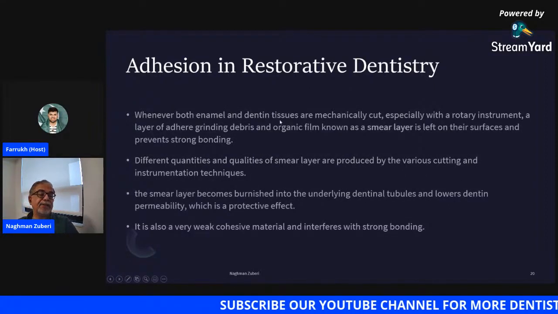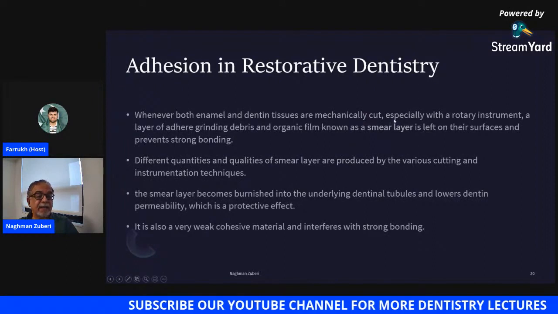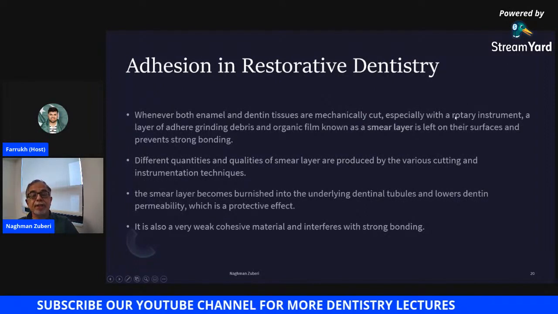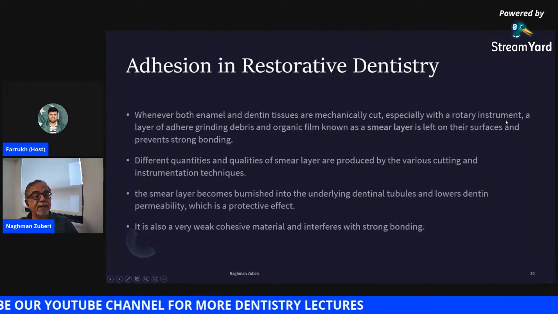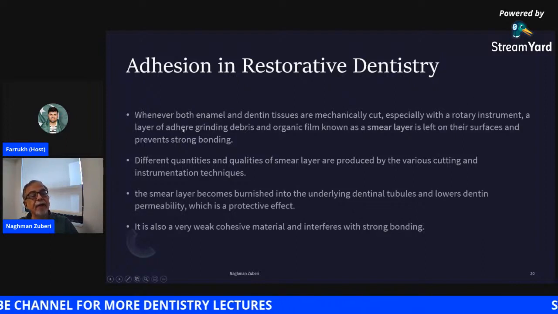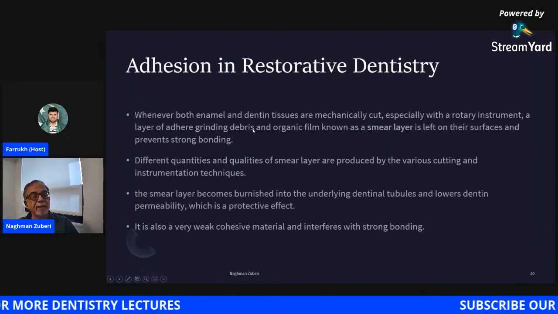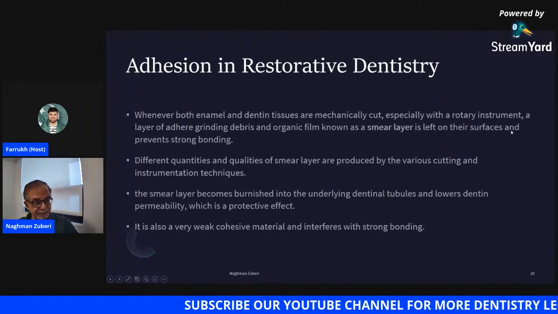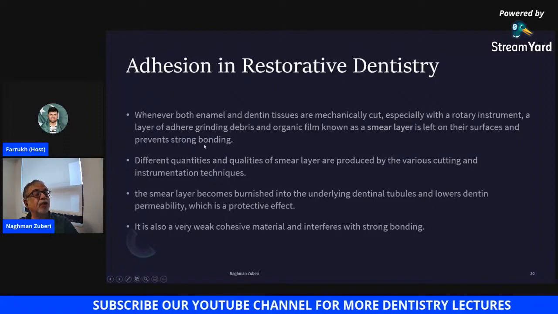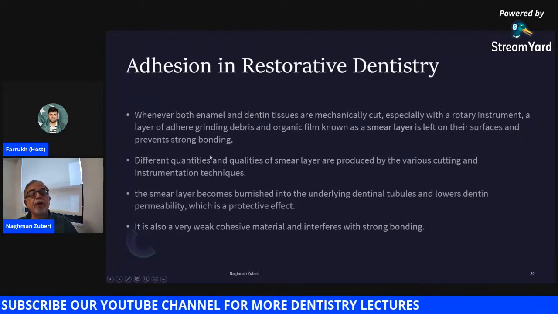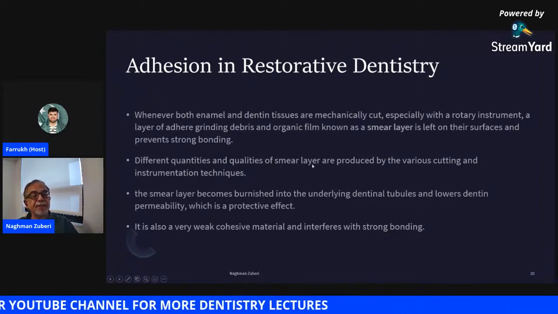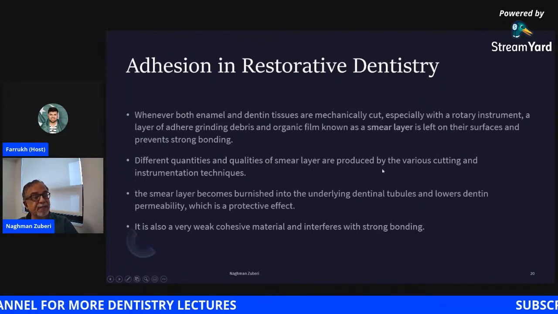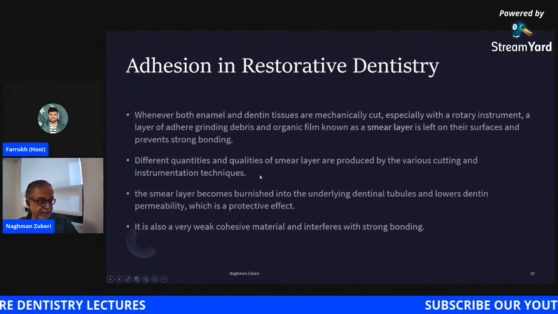Whenever both enamel and dentine tissues are mechanically cut, especially using a rotary instrument, your handpiece and the bur, a layer of adherent grinding debris and organic film, which we call smear layer, is left on the surface, which prevents strong bonding. Different quantities and qualities of the smear layer are produced by various cutting and instrumentation techniques.